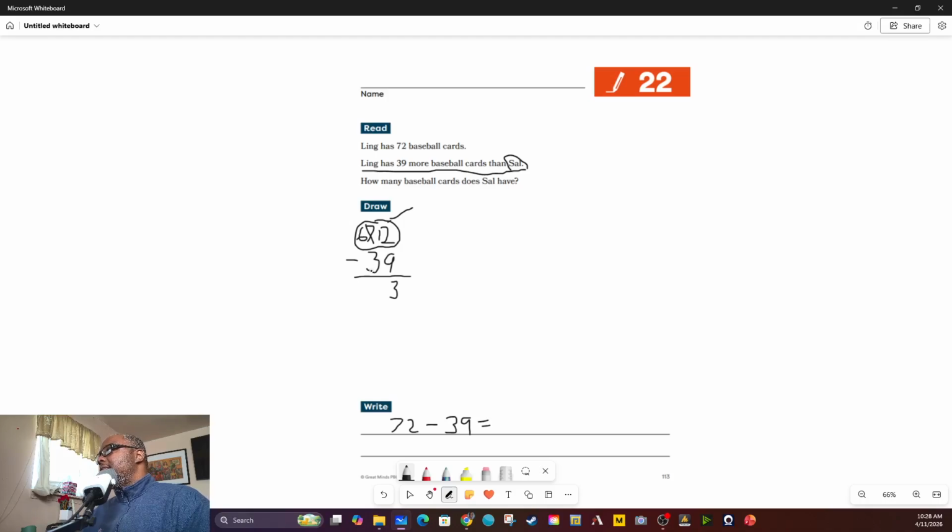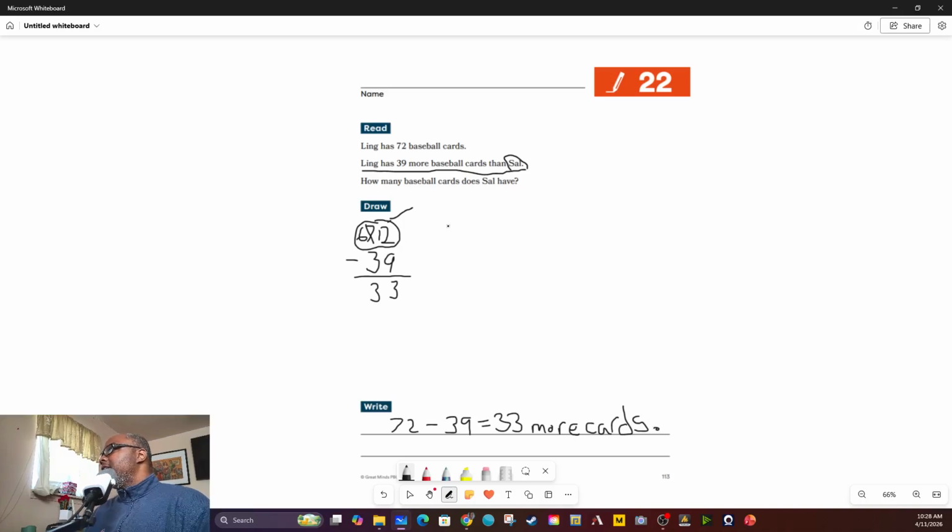And then now we simply have to subtract the 6, take away 3. The number in the tens place is 6. 6 minus 3 equals 3. And then our answer is 33 more cards. And my writing is working. Good job, Mr. Dixon. Period.